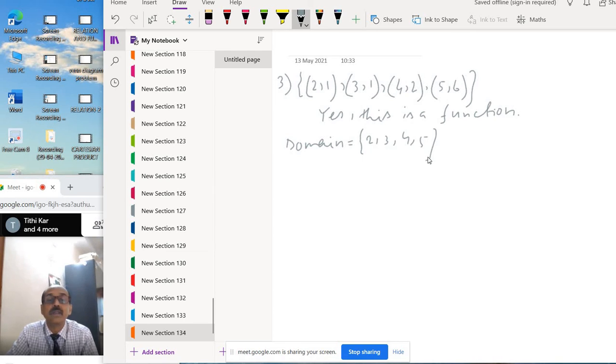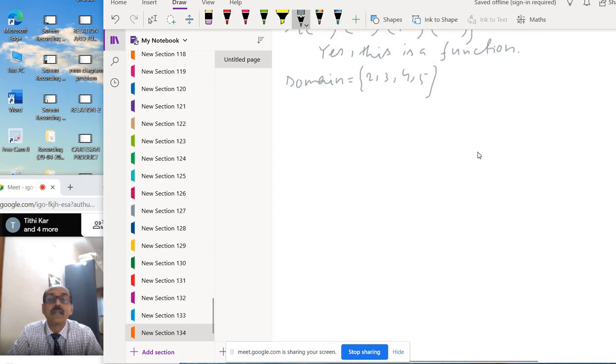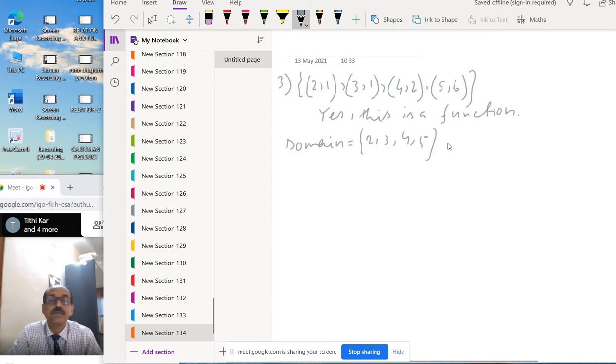This is the domain, and range equal to 1, 2, 6.